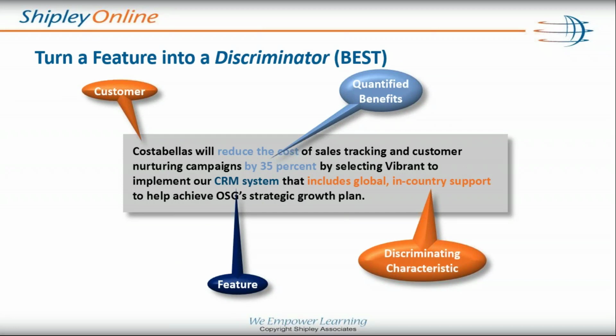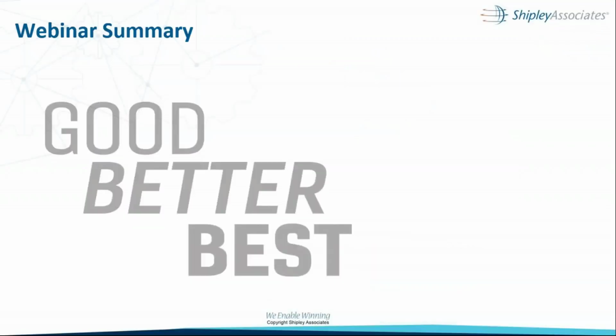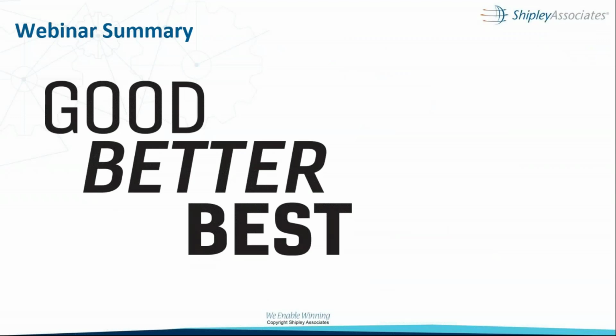We believe on this opportunity, our discriminating characteristic is that we offer in-country technical support. If that's our win strategy, we're going to put that right in the theme statement if we possibly can. So that was a quick and dirty run through of how you leverage your win strategy development and get that right in the proposal and your messaging.